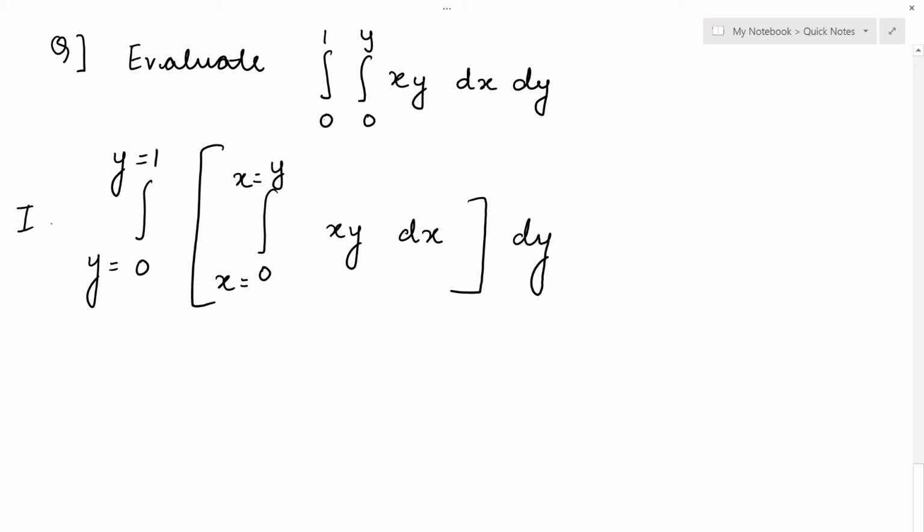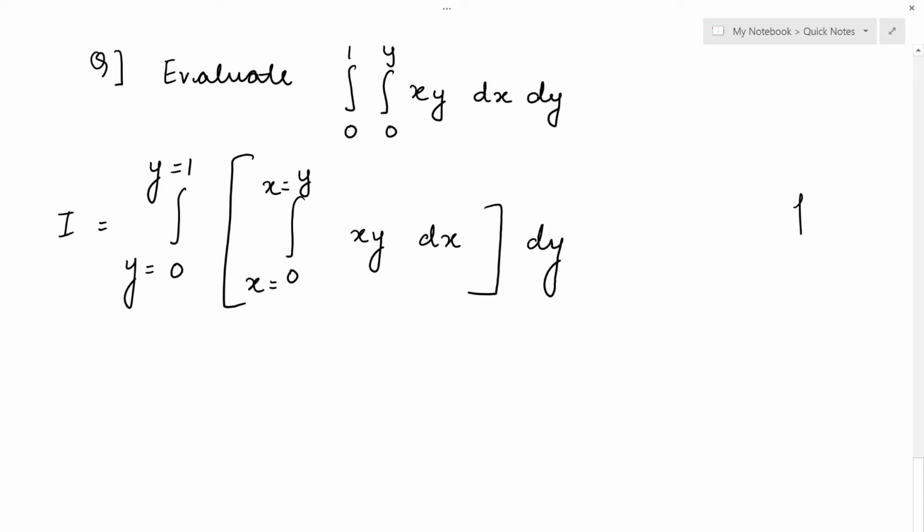So my integration I, this is an important step to understand. I will repeat again for those who have not understood, pay attention. The inner limits are 0 to y. If the limits are in terms of y, that means obviously we take the opposite variable.